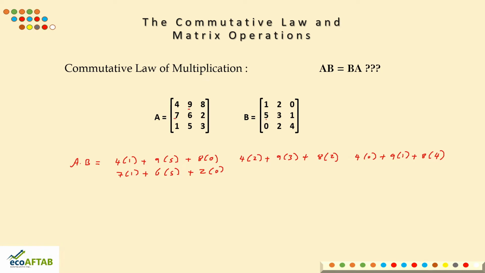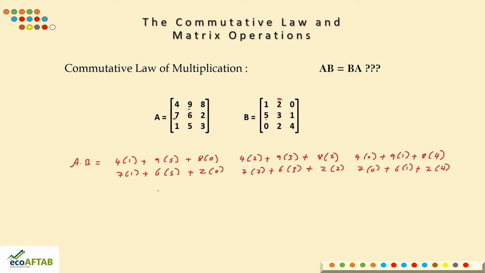Similarly, second row, second column, 7 multiplied by 2 plus 6 multiplied by 3 plus 2 multiplied by 2, and lastly the second row with third column, 7 multiplied by 0 plus 6 multiplied by 1 plus 2 multiplied by 4.